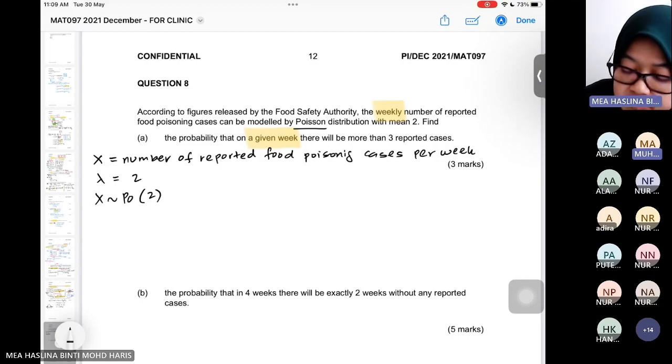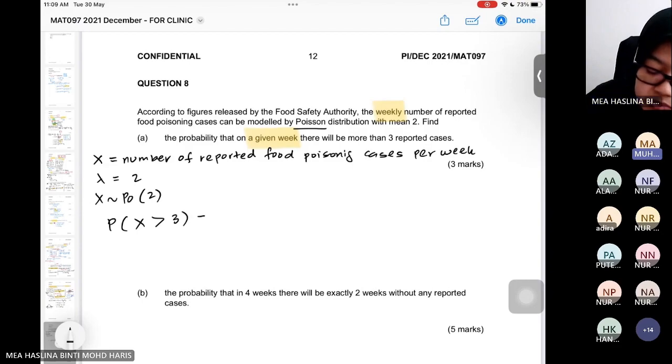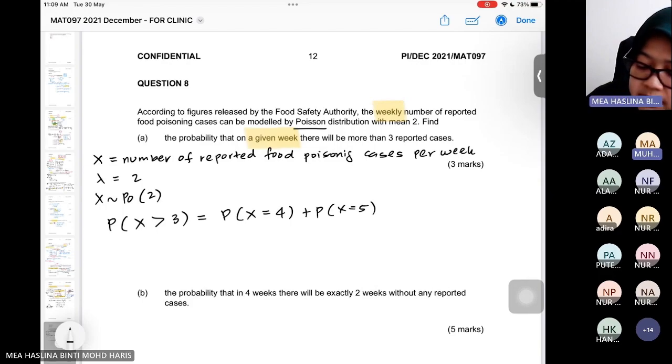Find the probability that on a given week there will be more than 3 reported cases. So we want the probability of the number of reported cases more than 3. Obviously, you would have to calculate starting from 4, 5 onwards. So that means you calculate 1 minus the probability of X less than or equal to 3.